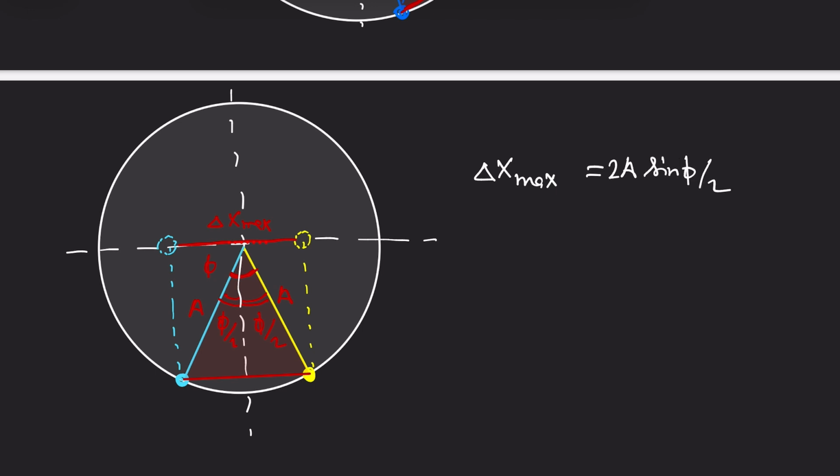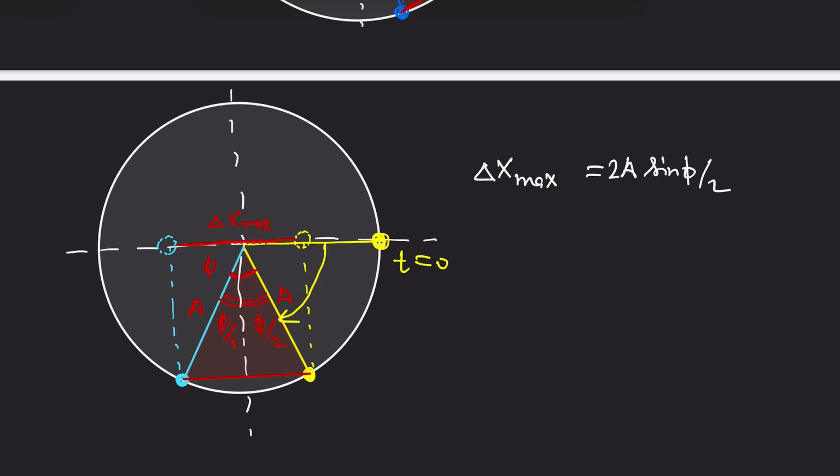Okay, and now the question that I had asked is how much time it will take for this to happen for the first time. If you see, our yellow particle was here at t equal to 0, and now it has just gone up to here to make it happen.